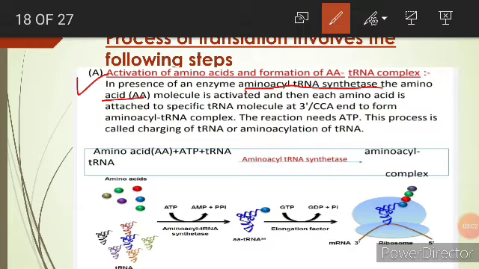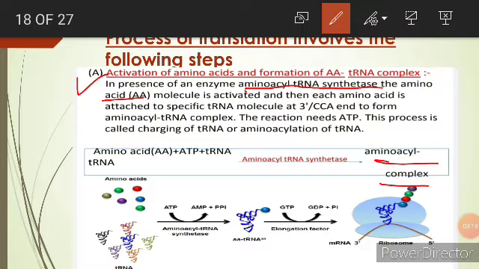By the release of that phosphate, energy is released, which is utilized for the formation of the complex called the enzyme AA-AMP complex, the aminoacyl complex.